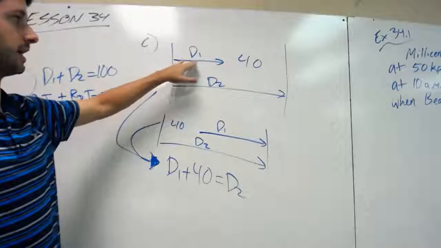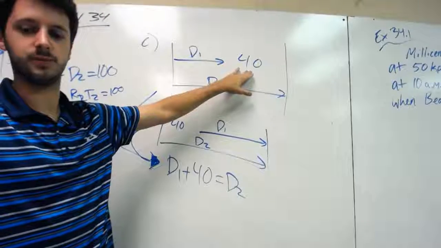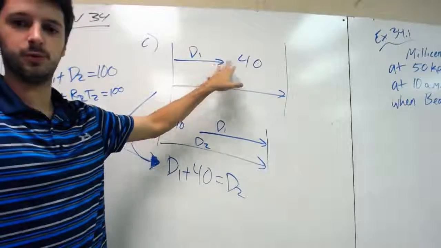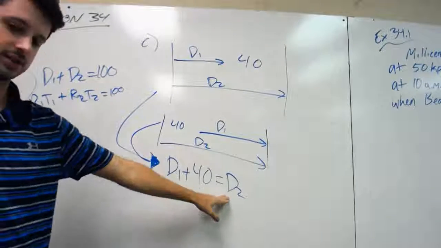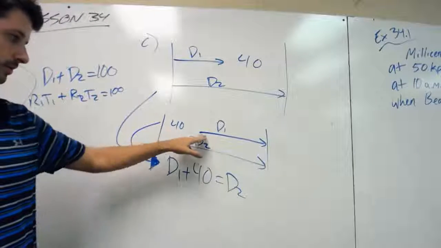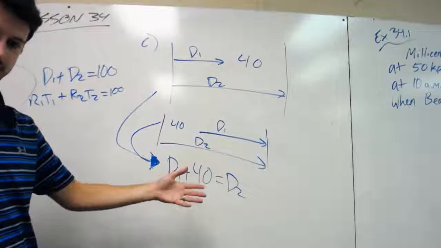Well, what we could say is distance 1 plus what's missing, and it will tell you what's missing, in this case 40. Distance 1 plus 40 would actually equal distance 2. Or it could be written this way: 40 plus distance 1 equals distance 2. So hopefully that makes sense there.